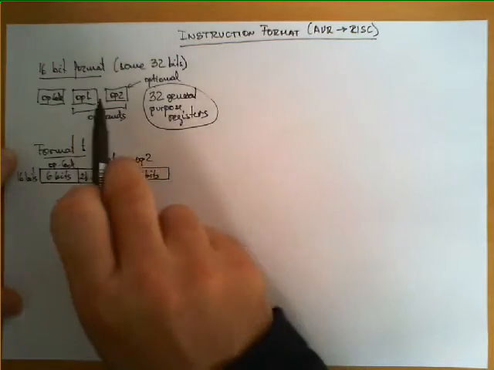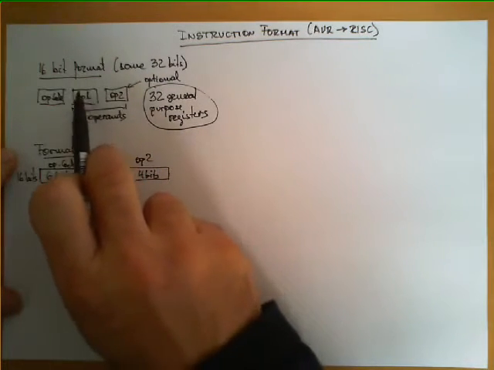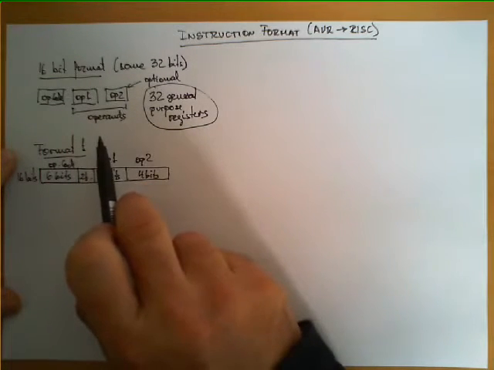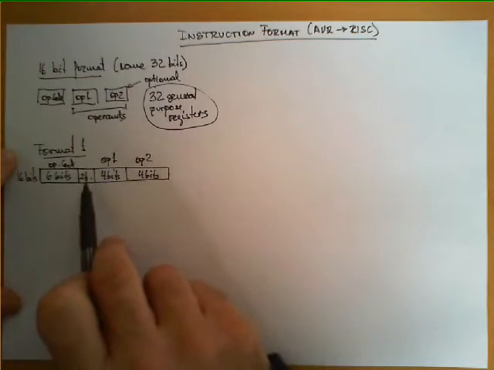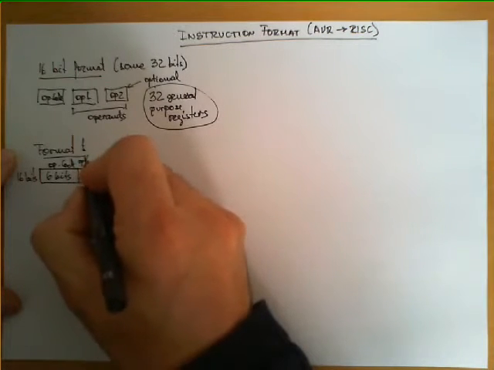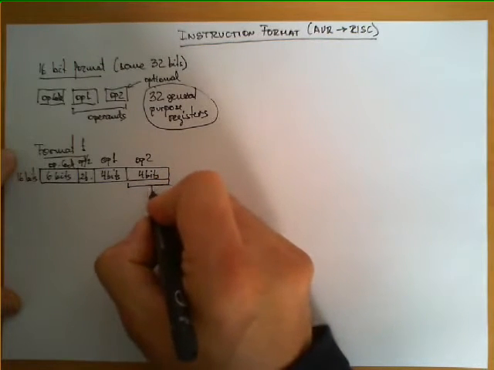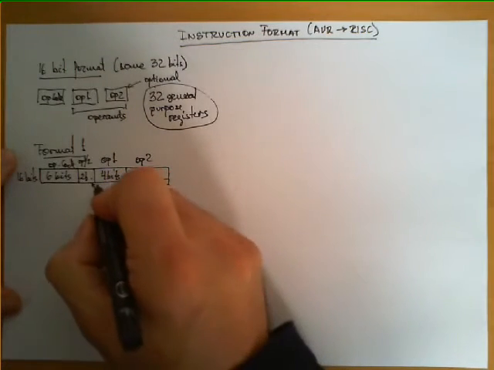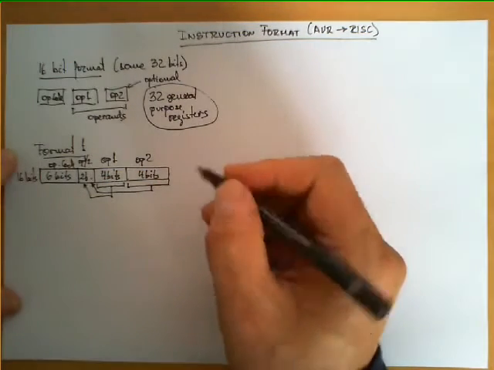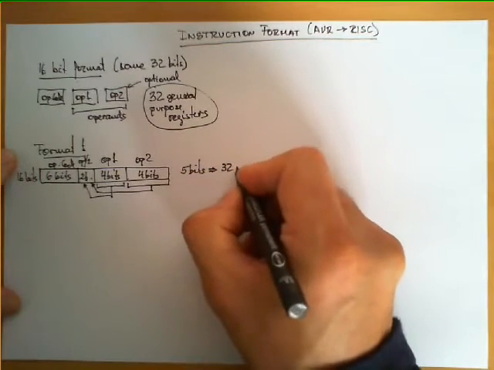This translates into a field that requires 5 bits if we want to encode as operand 1 one of these registers, and as operand 2 one of these registers. 5 bits, this is the reason why we have all these fields, and this field over here is to make sure that operand 1 and operand 2 can be encoded with 5 bits. So the 5 bits that encode the second operand are 4 bits from here plus 1 bit from here, and the 5 bits that encode the first register operand would be something like this. So remember, we're going to need 5 bits to encode 32 registers.